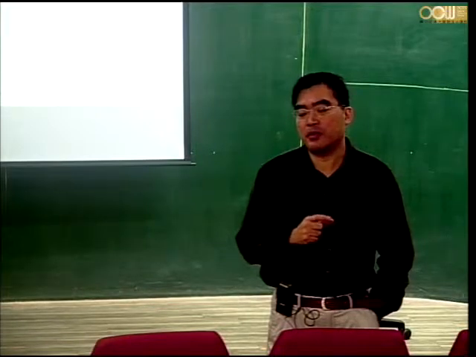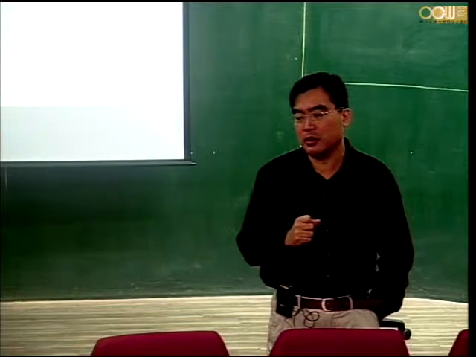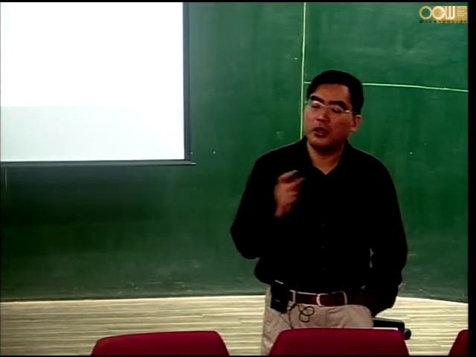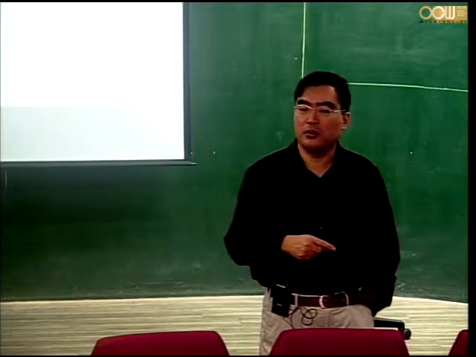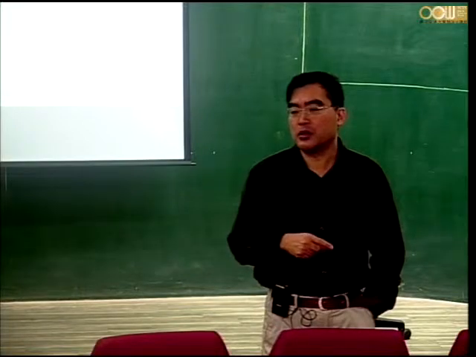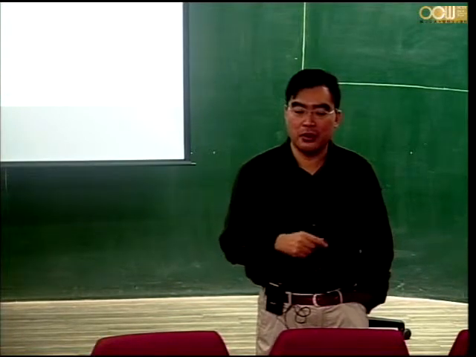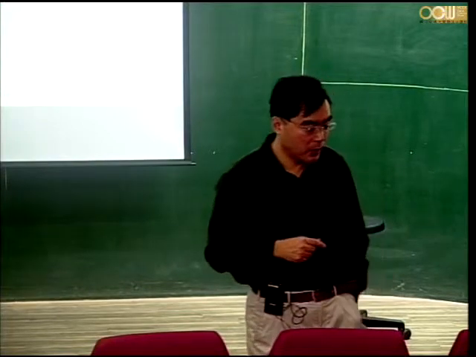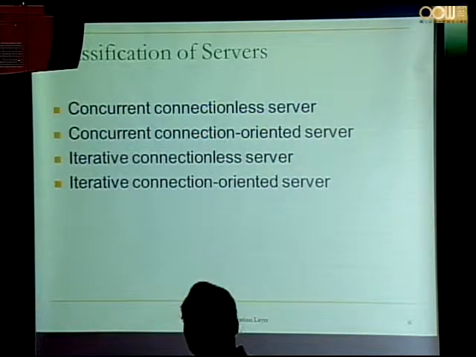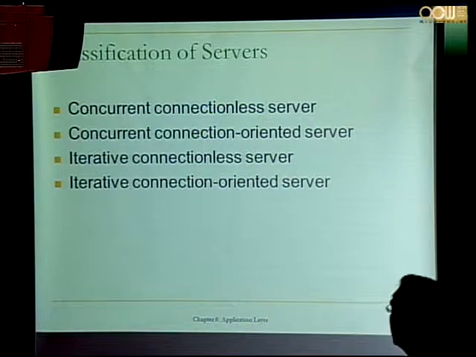So instead of expecting the transport layer to run on TCP to provide reliability, it does the reliability by itself in the remote procedure call. So I would use UDP, but I do my own reliability control, my own error control. So that's why it's much less often to have an iterative connection-oriented server.